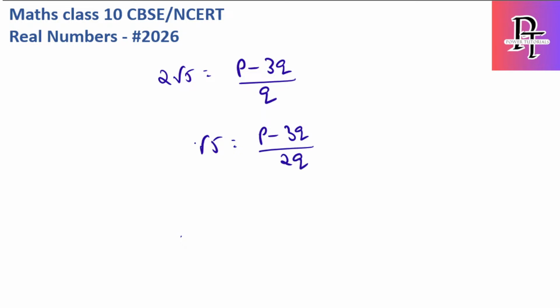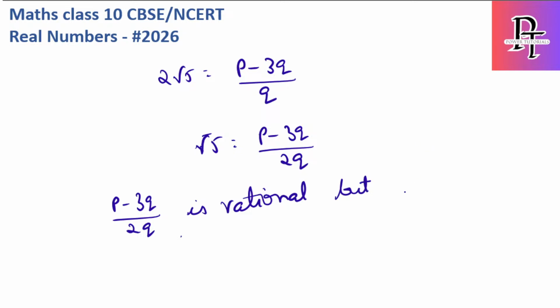So as p comma q are integers, p minus 3q by 2q is rational, but root 5 is irrational. We already proved it in the previous first question. So our assumption is wrong.